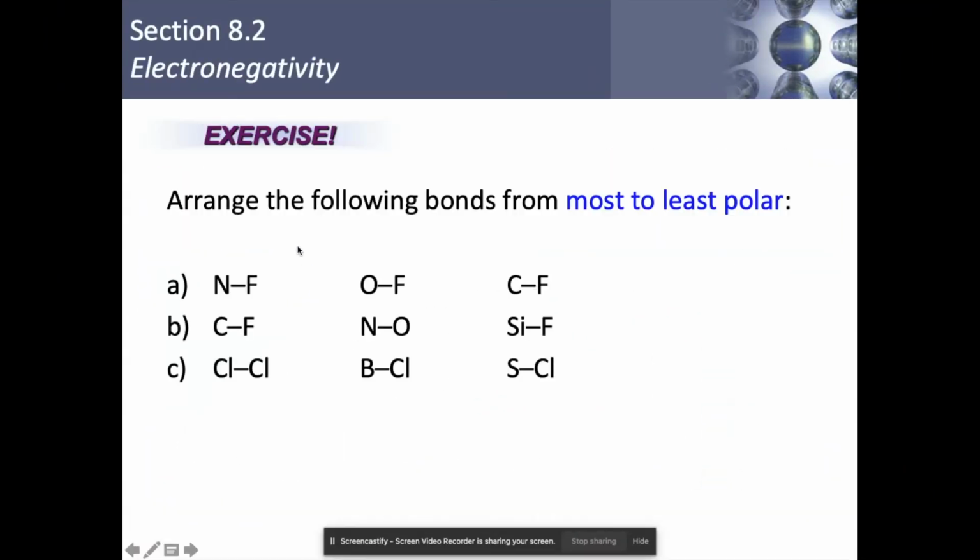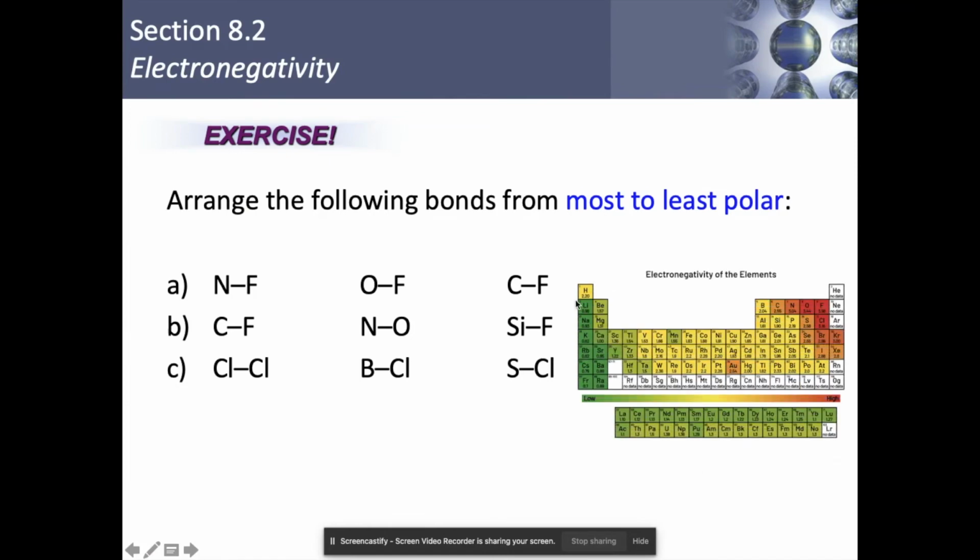Now, let's arrange the following bonds from the most to least polar then, okay? And if you need a copy of the electronegativity chart, feel free, but notice that there's a pattern here. Okay, so let's put the first ones: a nitrogen-fluorine bond, an oxygen-fluorine bond, or a carbon-fluorine bond. Okay, what do they all have in common? Well, they're all right here.